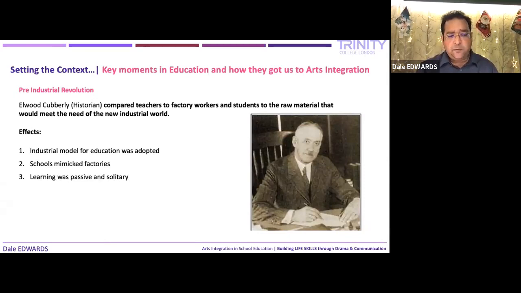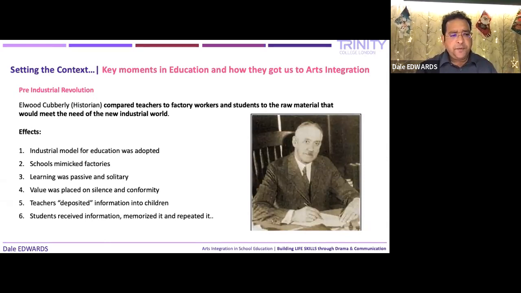And as a result of which schools mimicked factories and learning was quite passive and solitary. And there was a greater value that was placed on silence and conformity, and teachers just deposited information into children. And of course, children did what they had to do, which was memorize it and repeat it.